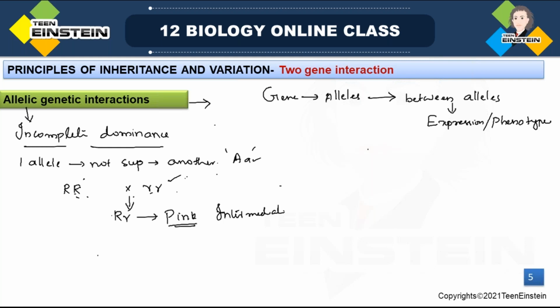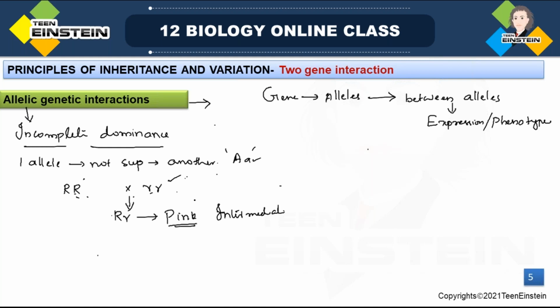It depends upon the percentage of combination. Like that, both alleles of the same gene will interact and form an intermediate expression, which is not exactly like the parental character. So this is due to intra-allelic interaction. Within those alleles, all this interaction is taking place.